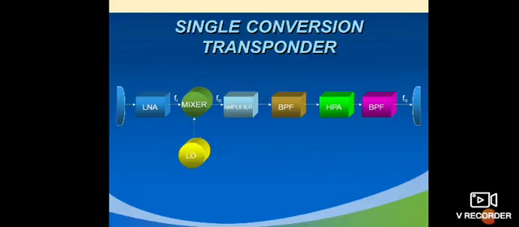So how does it work? In the single conversion transponder, the term single conversion indicates that only a single frequency translation process is done from the received signal to the transmitted signal, which takes place within the satellite.